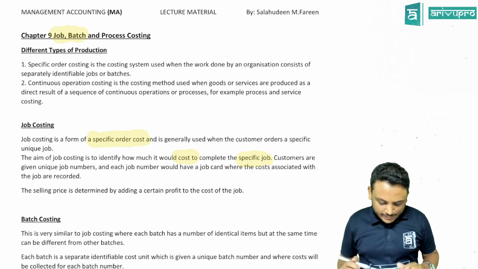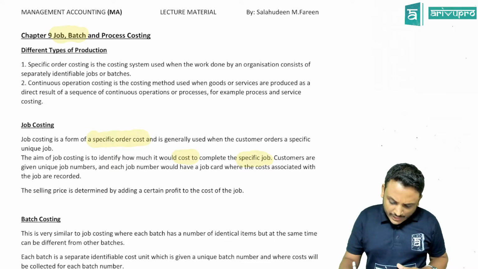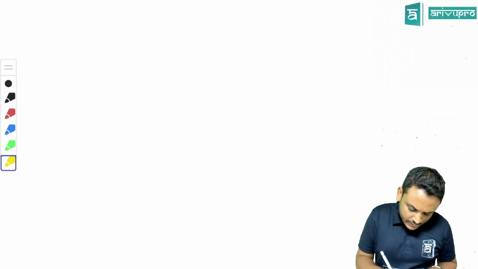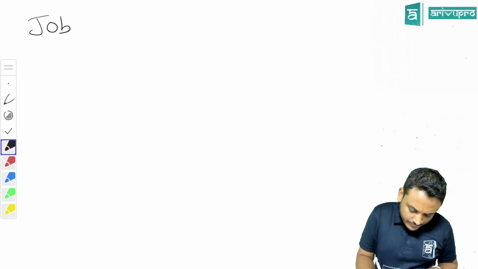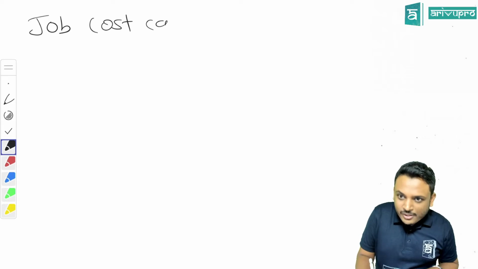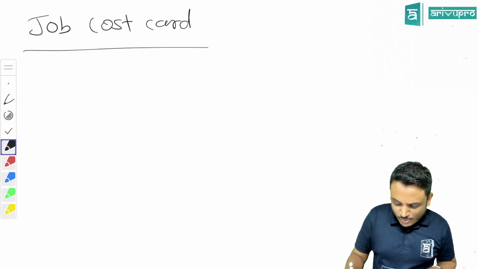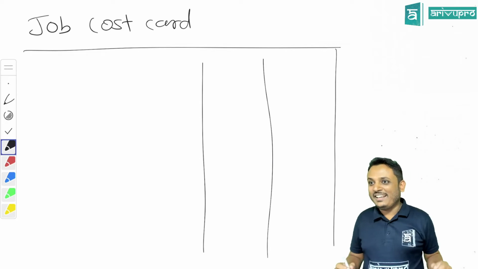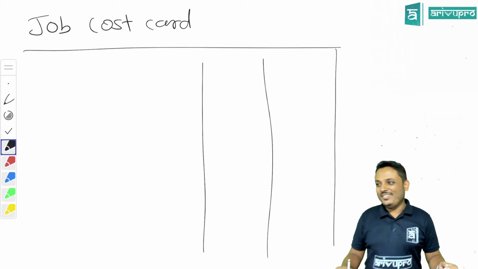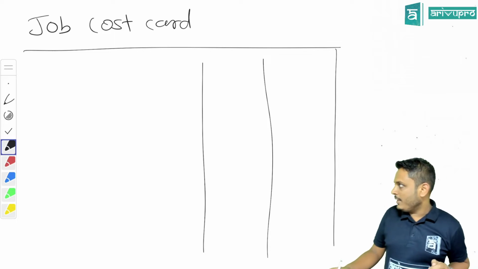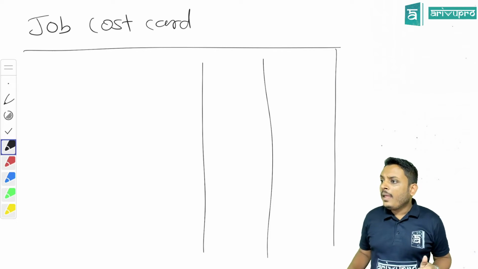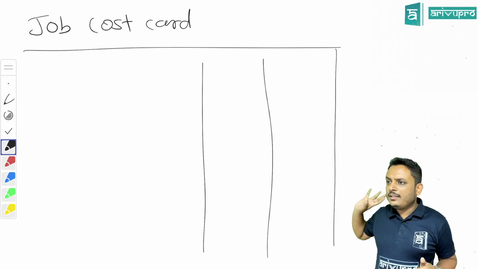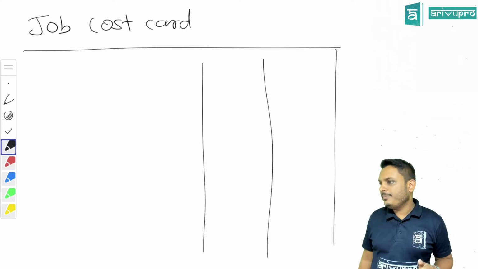Clear? So here, write it down. Example, job cost card. Write it down. Job cost card. Now I know what is going in your mind. Heading: job cost. What is a job cost card? This is prepared by the supplier for each and every job, right?